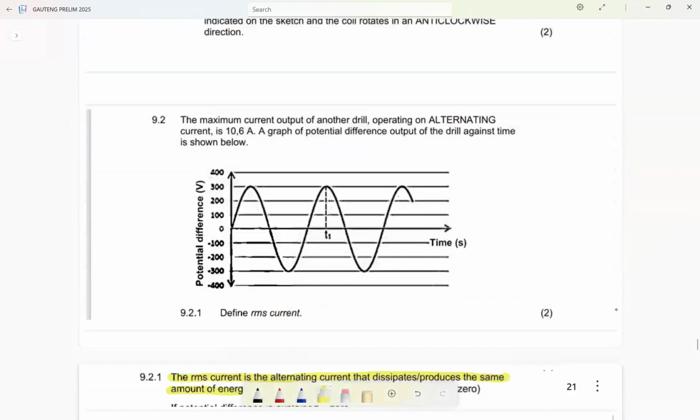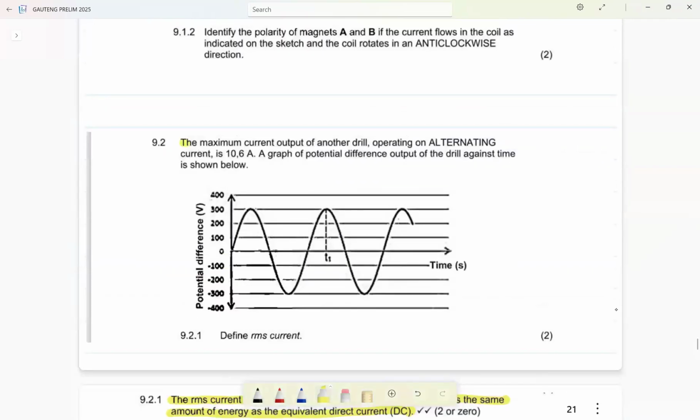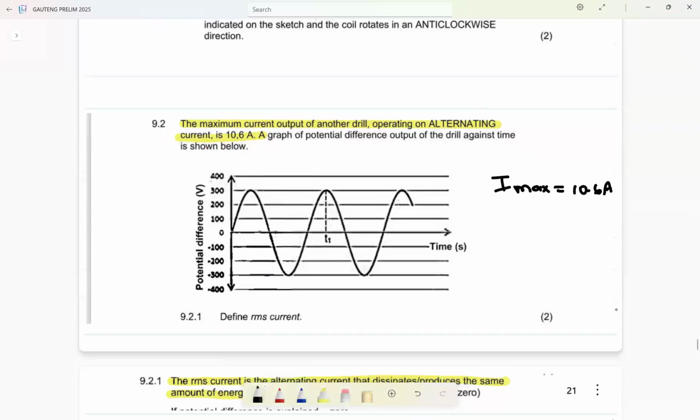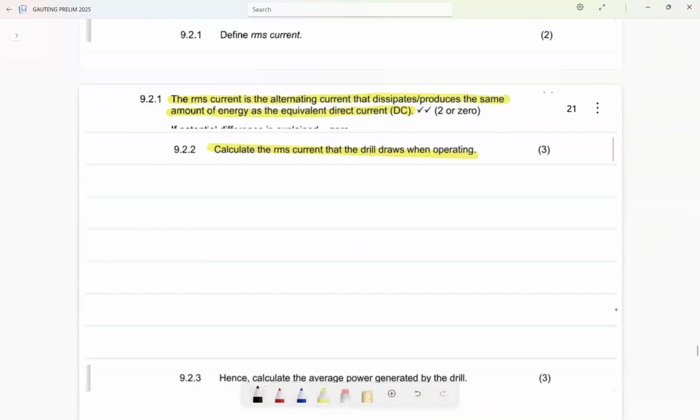Okay, I think I did not read the English here. They say the maximum current output of the drill operating on an alternating current is this one. So we have I max is equal to 10.6 amps. The graph of the potential output is shown like that. So they want us to calculate the RMS current.